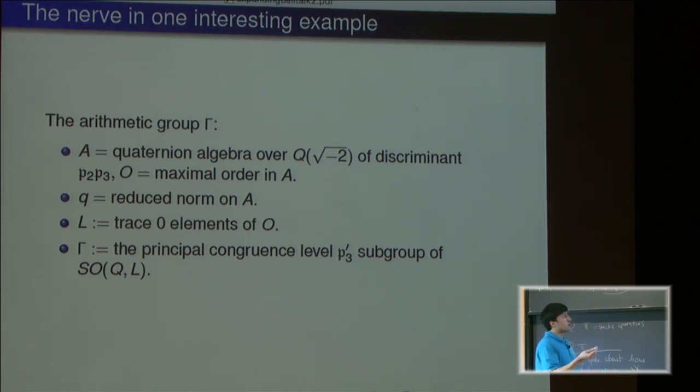Take a maximal order in it, and we produce an action of the units of the maximal order. It acts by conjugation on the trace zero elements of the quaternion algebra, and it preserves a quadratic form on the trace zero elements, namely the reduced norm form.